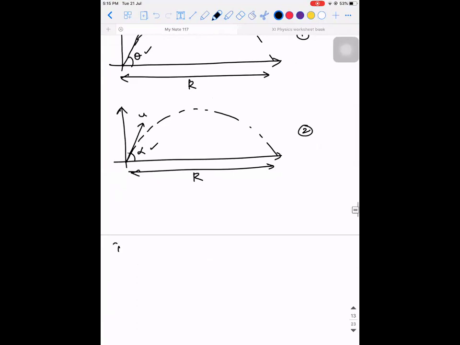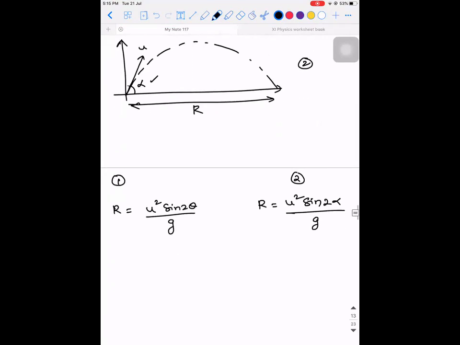So in the first case, what is the value of r? R is equal to u square sine 2 theta divided by g. In the second case, what is the value of range? It is the same, u square sine 2 alpha divided by g.